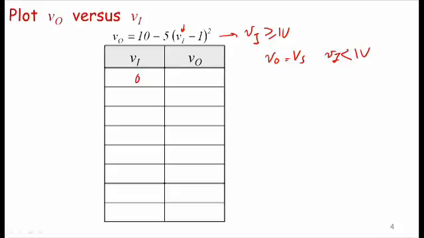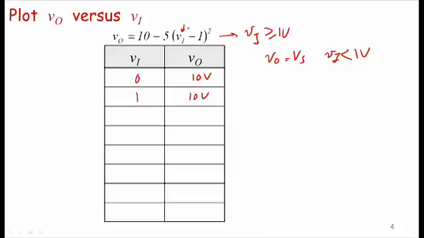So as long as Vi is less than 1 volt, I'm going to get 10 volts at the output. So I go on up to 1 volt, I get 10 volts again. Nothing particularly interesting happening here. When I substitute Vi equal to 1, which is the threshold point, I get V naught equals 10 volts, and that's not a surprise.